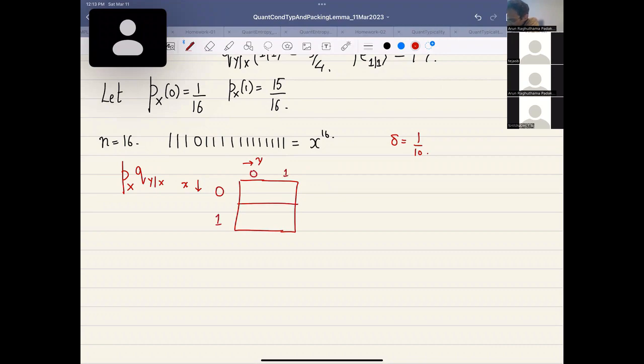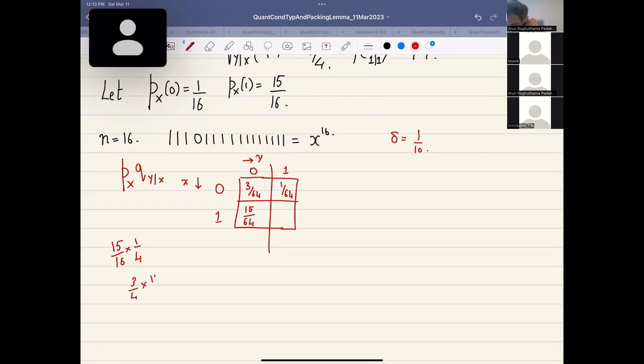I think you have 3 by 64, and 1 by 64, and 15 by 16 times 1 by 4, which is 15 by 64, and we have 3 by 4 times 15 by 16. Right, so this will be 45 by 64.